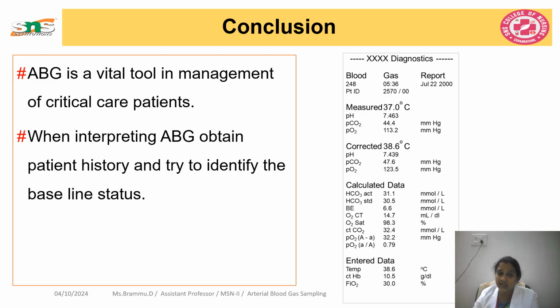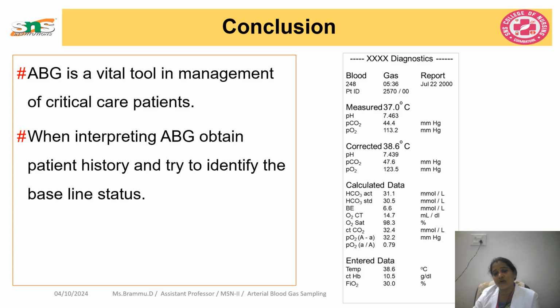When interpreting ABG, obtain the patient's detailed history if the patient is awake, and if the patient is unconscious, try to obtain the history from the attenders. Then get the baseline status like temperature and vitals, the oxygen supply, and whether there is any respiratory, cardiac or cerebrovascular compromise. Then you can correlate and go in for the analysis and interpretation.